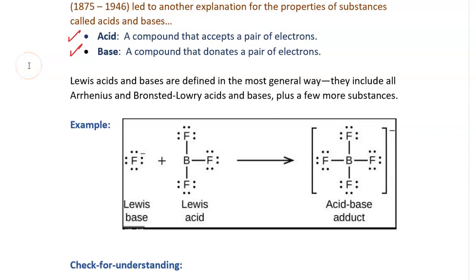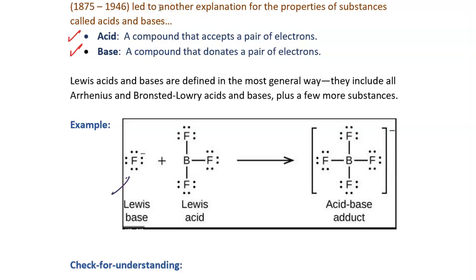Here is an example. On the left side of the arrow, we have some reactants. You'll notice that neither reactant involves hydrogen, or for that matter, there's not an OH, a hydroxide either. There's a fluorine negative ion, and it's being combined with BF3, boron trifluoride.